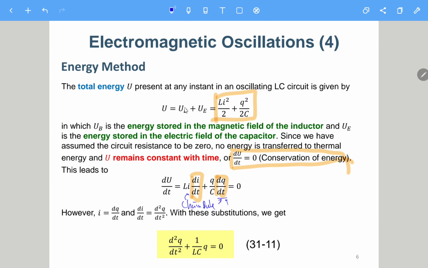These two variables, I and Q, are dependent on each other, which means that we have I equals dq/dt.